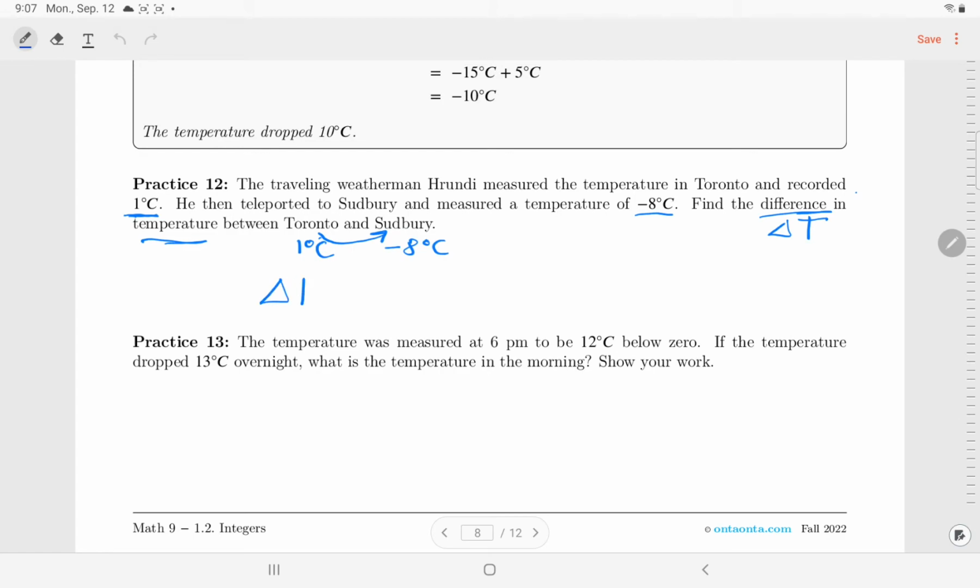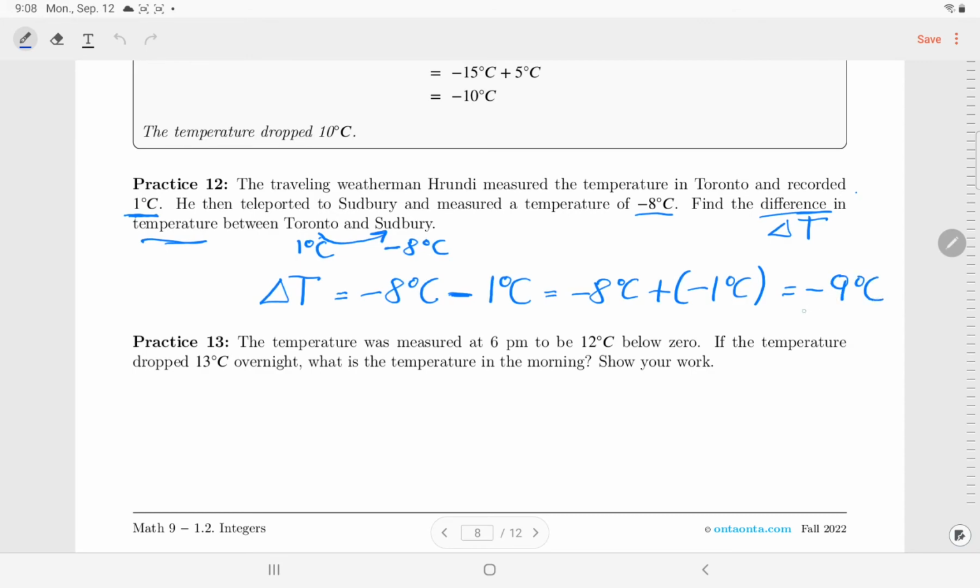So the difference in temperature is the final negative 8 degrees Celsius minus the Toronto temperature where we start, 1 degree Celsius. I'm going to change this to negative 8 degrees Celsius plus negative 1 degree Celsius. The difference in temperature between Toronto and Sudbury is negative 9 degrees Celsius.